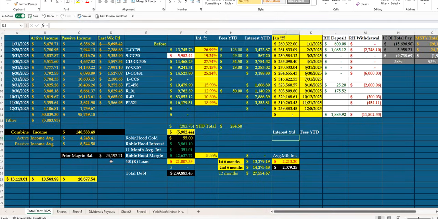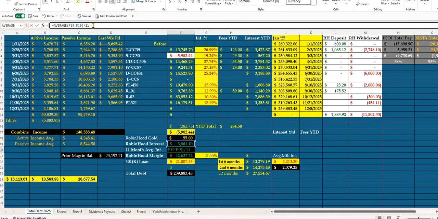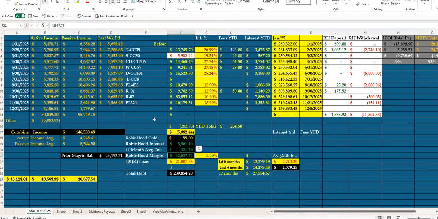That was the true prior balance, but it's actually now $42,637.74. Robinhood goes at 55. Robinhood interest 38.6110, and that's averaging. I guess now that should be 12 months.